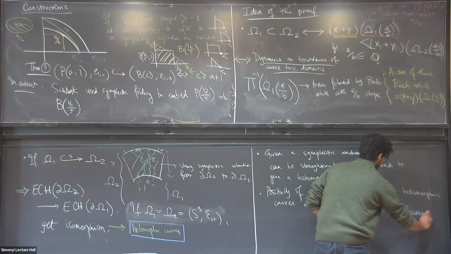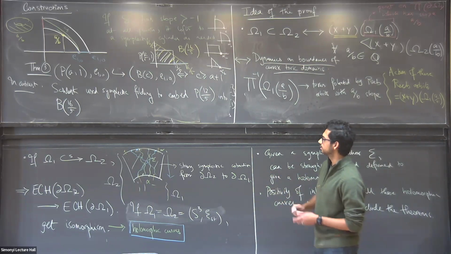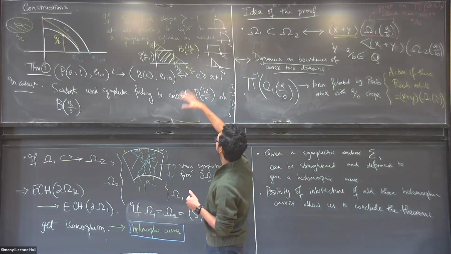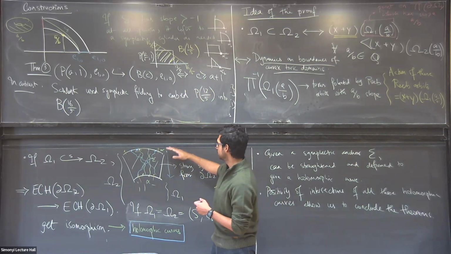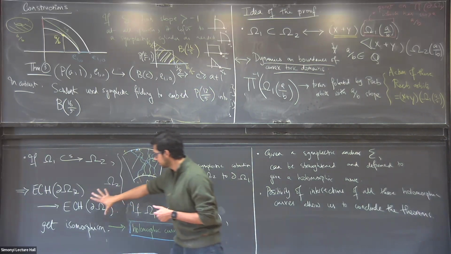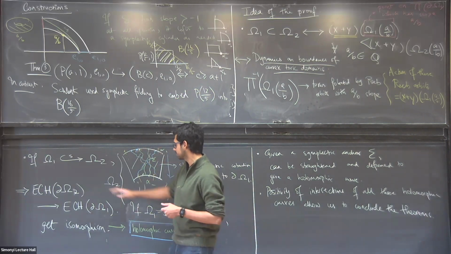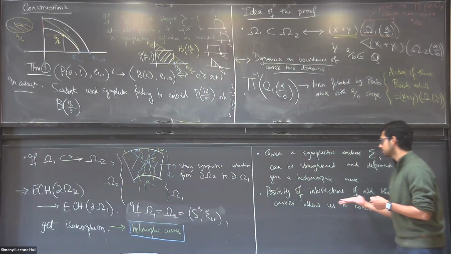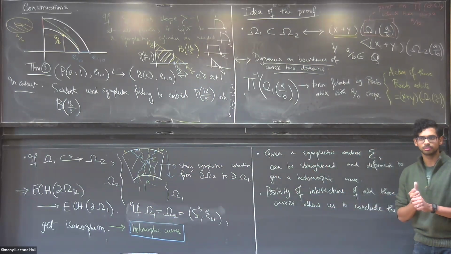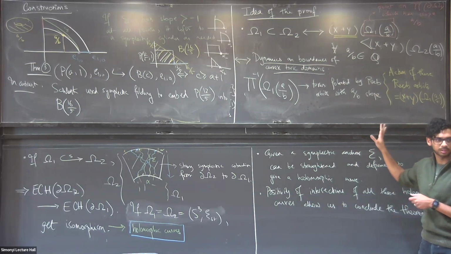This is really a schematic of what is going on in the proofs, but that's generally the idea: the boundaries are all standard contact S3s. On the ECH homology, you have isomorphisms that give you actual holomorphic curves to work with. Sigma gives you holomorphic curves, and then you play around with the positivity of intersections to conclude these things about the actions.